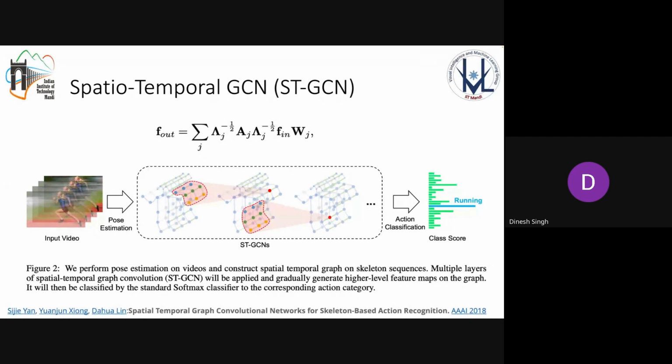Even now, so many variations of STGCNs came in the recent period, and a few are still on arXiv, but their GitHubs are there, so you can use them. Now people are using that for Parkinson's, so various kinds of disease identification which can affect our joints and other movement based patterns. So there are several works.